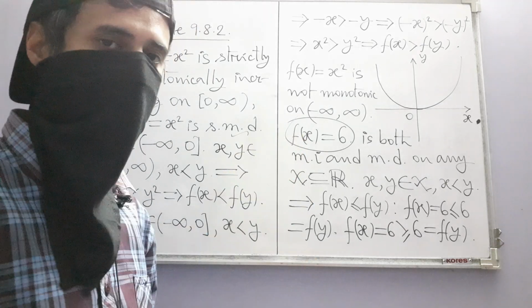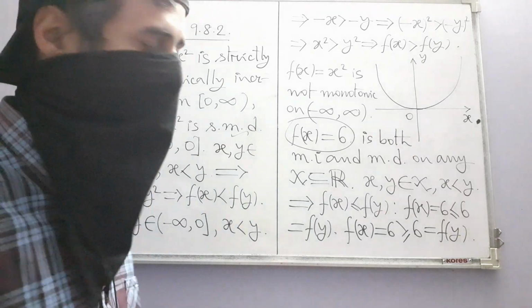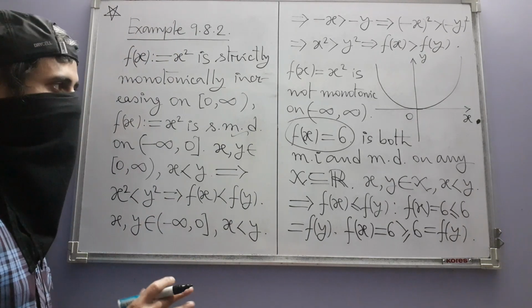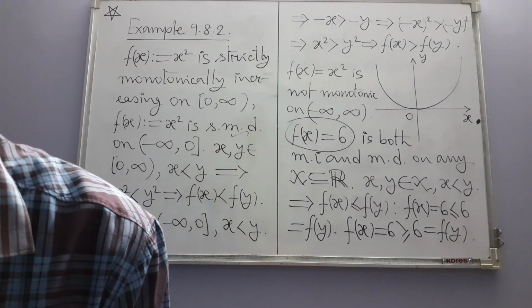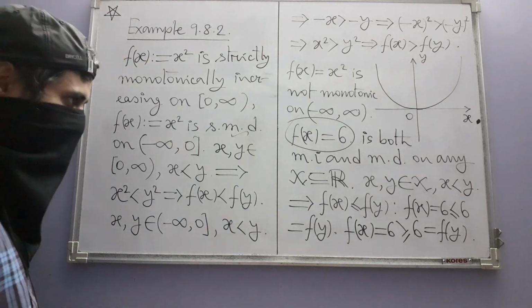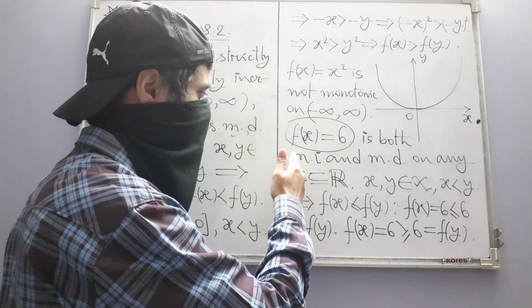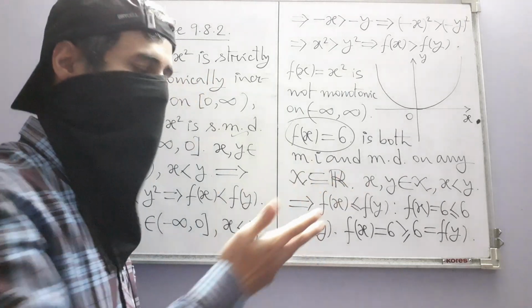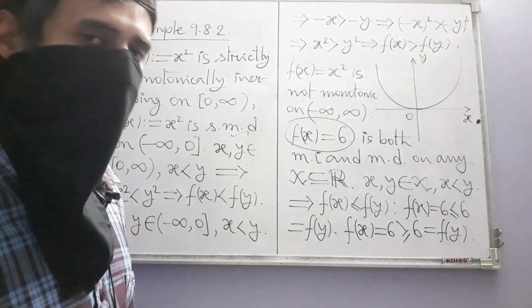There is no increase or decrease at all. It's just constantly 6. So there is no strict increase or strict decrease. There will, however, if you want to really get strict increase or strict decrease, in one case that is possible.